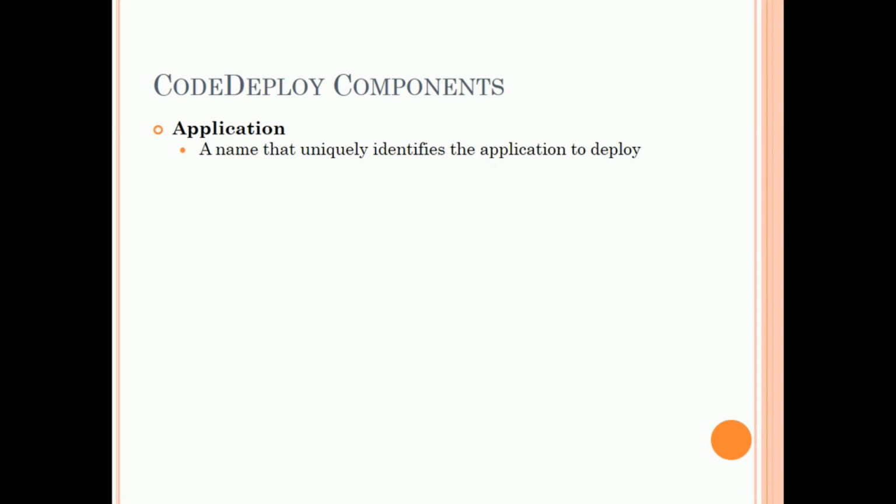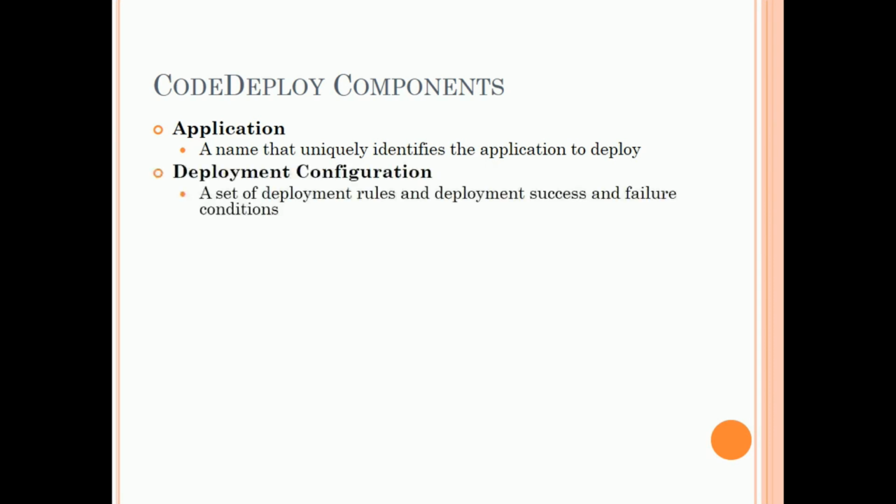The second component is deployment configuration. Deployment configuration stores the deployment rules and deployment success and failure conditions for different phases while deploying. It is same as the buildspec file, but here it is an application specific file. We call it AppSpec, which also should be in YAML format.